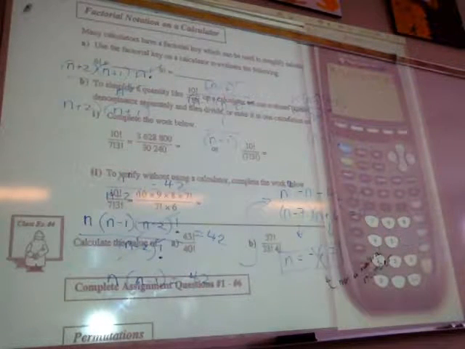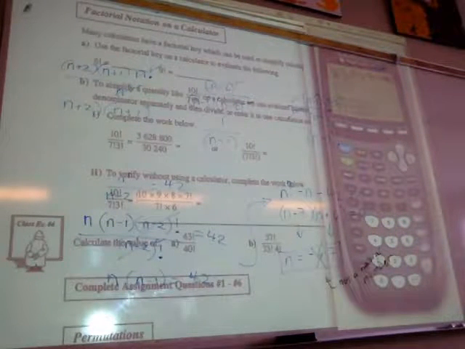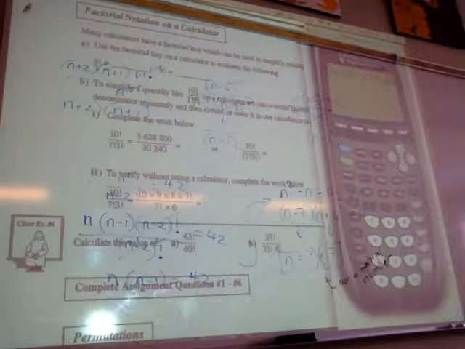We're going to go 6, and then math over to probability, and number 4 is your factorial button. Then press enter. Okay, so we get 720.